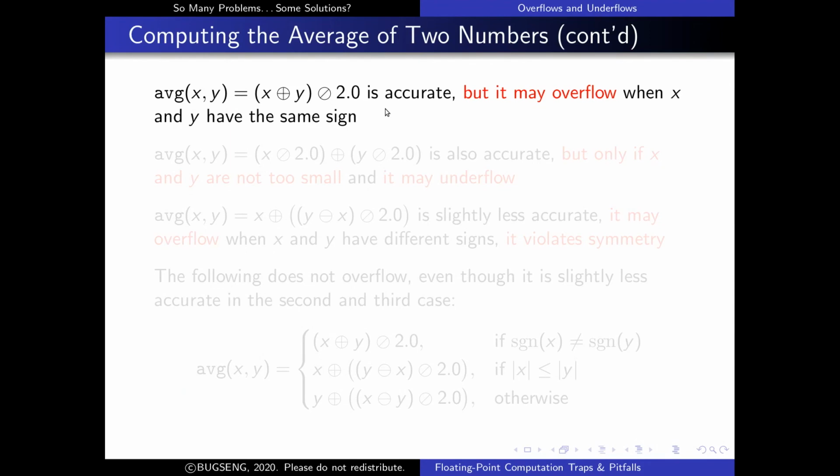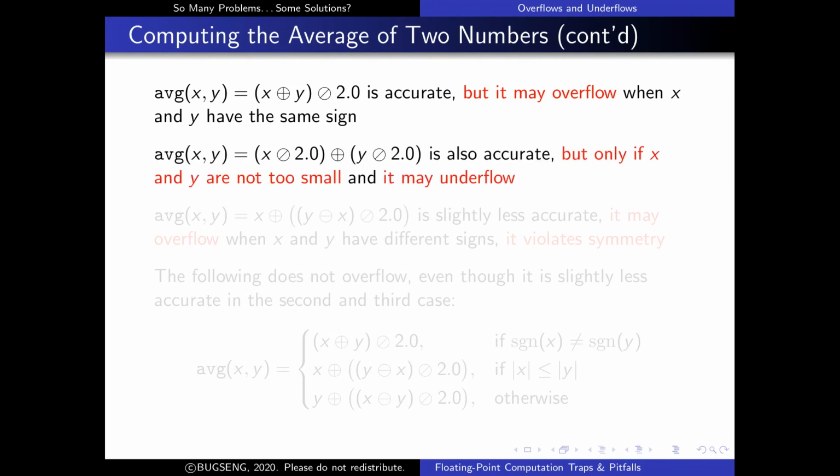It is actually as accurate as possible because division by 2 in floating point, in the binary floating point format, is a very precise operation. The problem is that it may overflow. So when x and y have the same sign, the addition may give rise to an overflow. We may end up with infinity, and infinity divided by 2 is infinity.